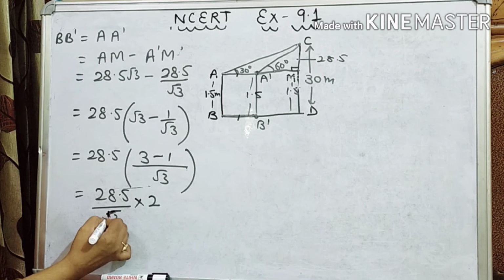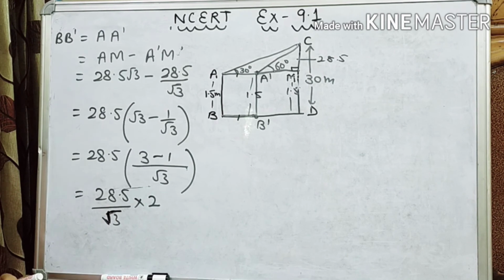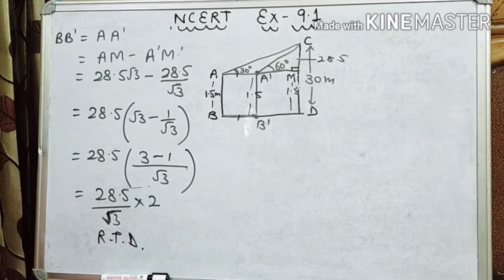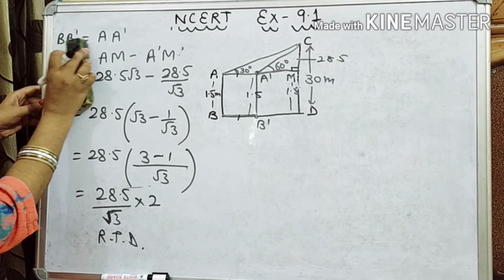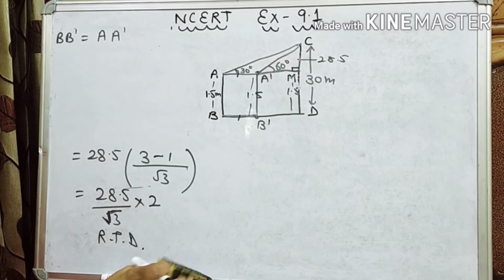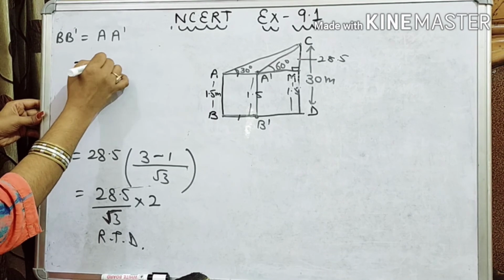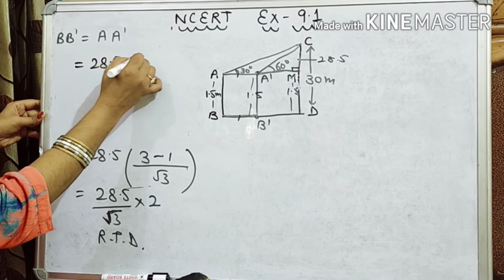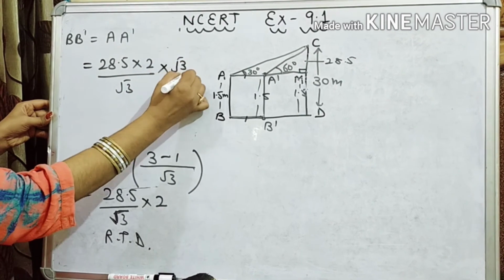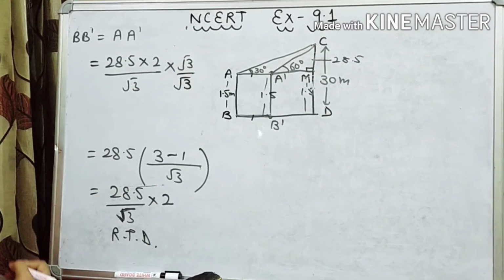this irrational number in the denominator, so you have to rationalize this one, and for rationalizing it, what we have to do, we have to divide and multiply this number by root 3. So what I got, 28.5 into 2 by root 3 into root 3 upon root 3.